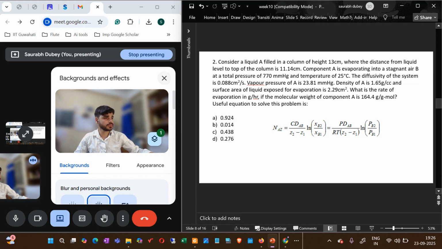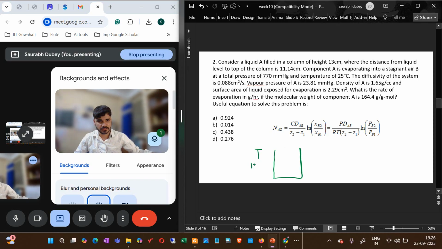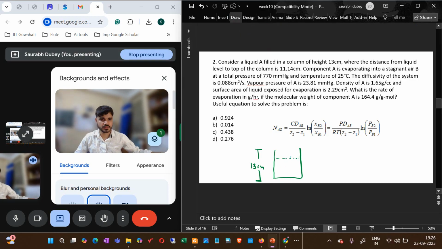Let's draw this picture. Suppose this is that column. The total height is 13 centimeter, right? And here the liquid column is there, and this liquid has height 11.14.